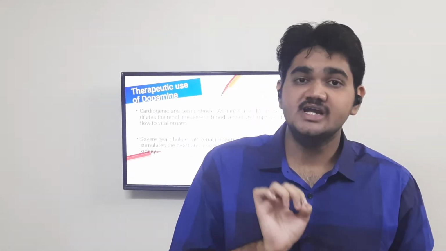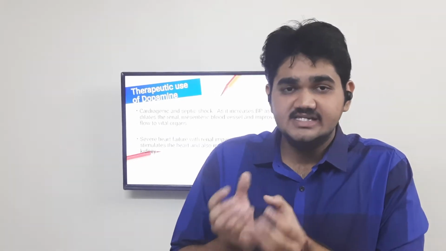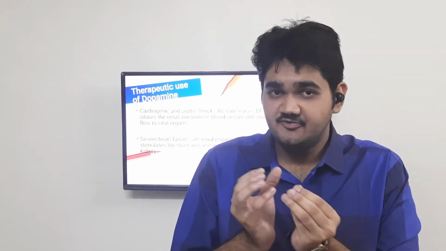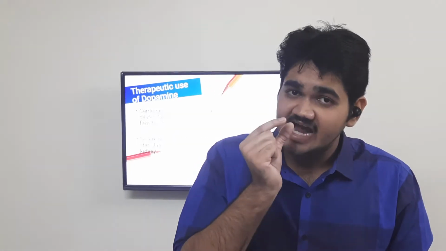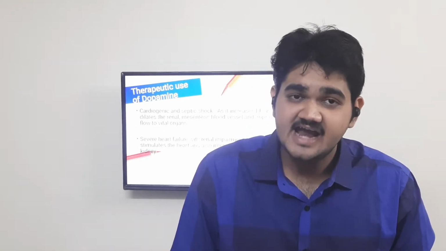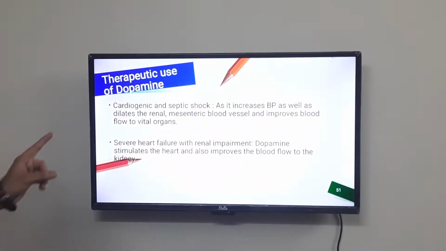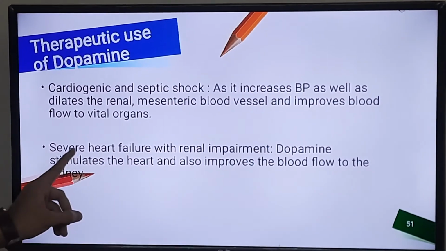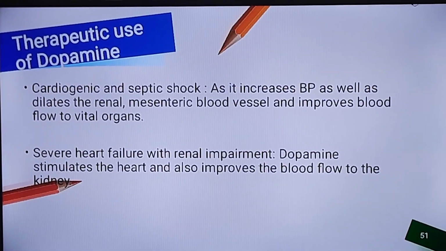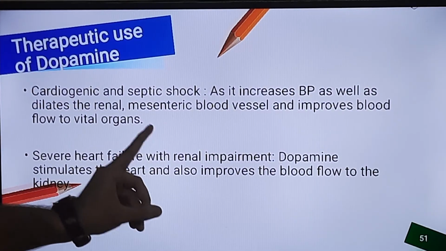In that particular case, for example, if we consider renal blood vessel, in some cases of heart failure, we need to dilate our renal blood vessel, and our dopamine can do it very well. It can stimulate our human heart by beta-1 action, and also it can improve the blood flow to the kidney by its D1 action.